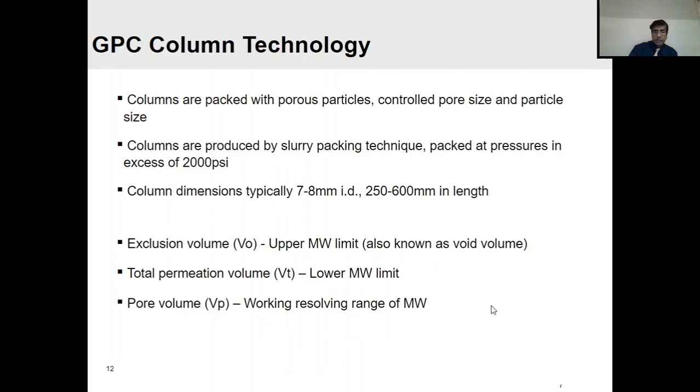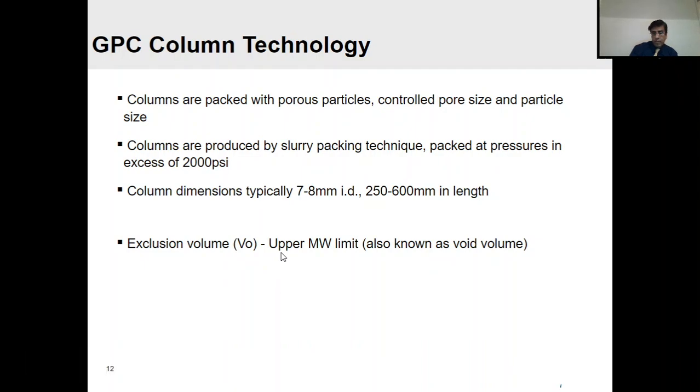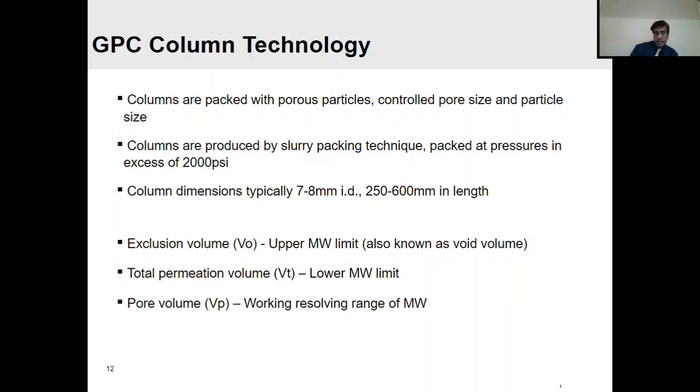So this is called your exclusion volume upper limit, and then you have total permeation volume VT, which is the lower molecular weight limit. There is a particular range which is also called the VP, the working resolving range of the molecular weight.